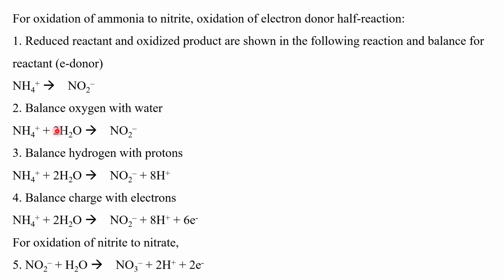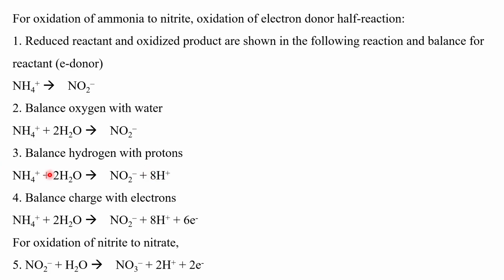Now how many hydrogens do we have? We have 4 hydrogen here and 4 hydrogen here, 2 into 2 is 4. 1 molecule of water has 2 hydrogens, so 2 molecules of water has 4 hydrogens. So we have 8 hydrogens on the right. So we will balance the hydrogen ions then. We will add 8 protons on the left hand side.